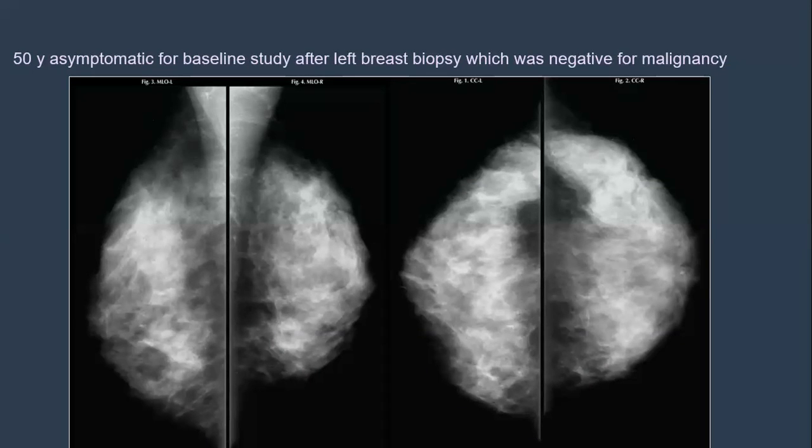Any volunteer? Can you see an abnormality? Very dense breasts. Yes, extremely dense breasts. We are talking about architectural distortion. Is there any subtle area of architectural distortion here?